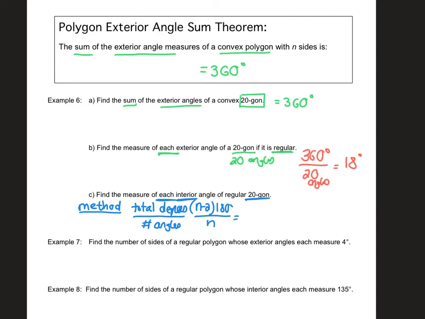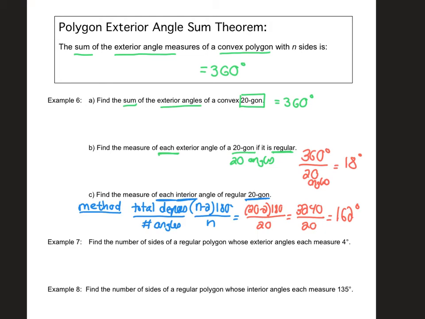So using this method, if I plug in my 20 sides, 20 minus 2 times 180, and then we're going to divide by our 20 angles, that's going to be 18 times 180, which is 3,240, and if we divide that by 20, we're going to get 162 degrees for each of the interior angles.